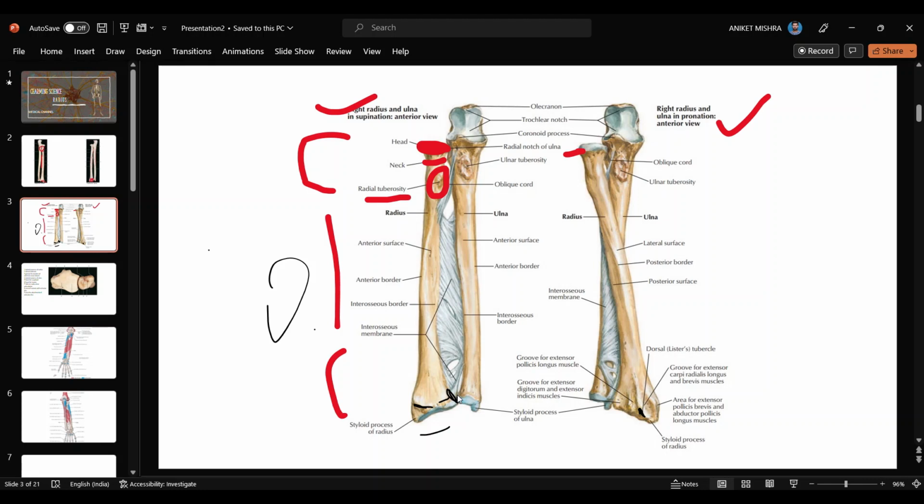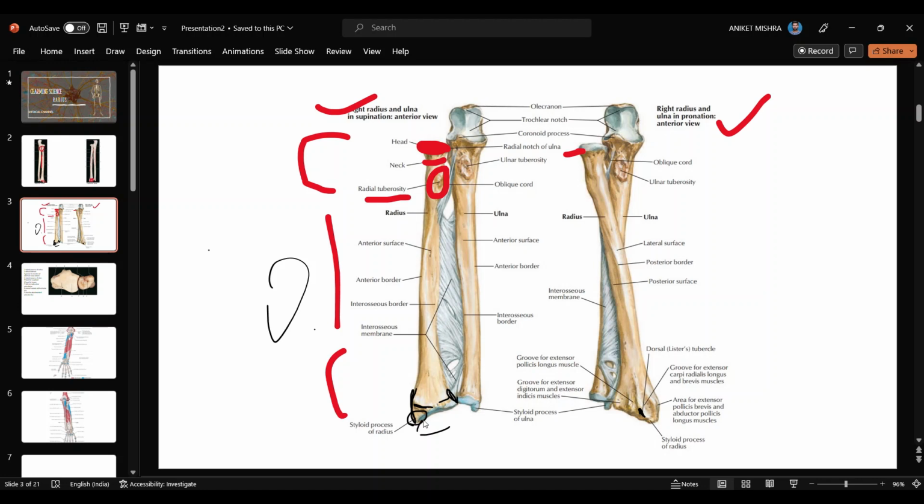The lateral surface is prolonged downward to form the styloid process. The lateral surface goes a little downward, so it forms the styloid process. And the inferior surface bears a triangular area for the scaphoid bone.